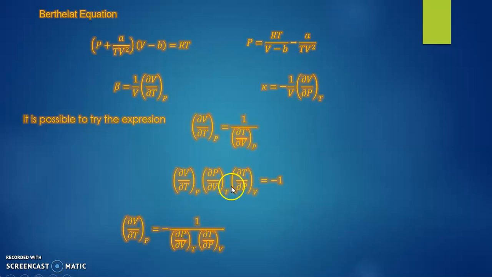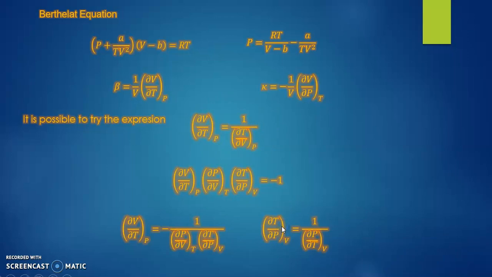So we only have this expression that is multiplying, and the other one goes to the other side divided. Exactly like this. In this expression, we can calculate this derivative easily. But for this expression, it's a little bit more difficult. But for this one, yes, it's possible to use a reciprocity relation.